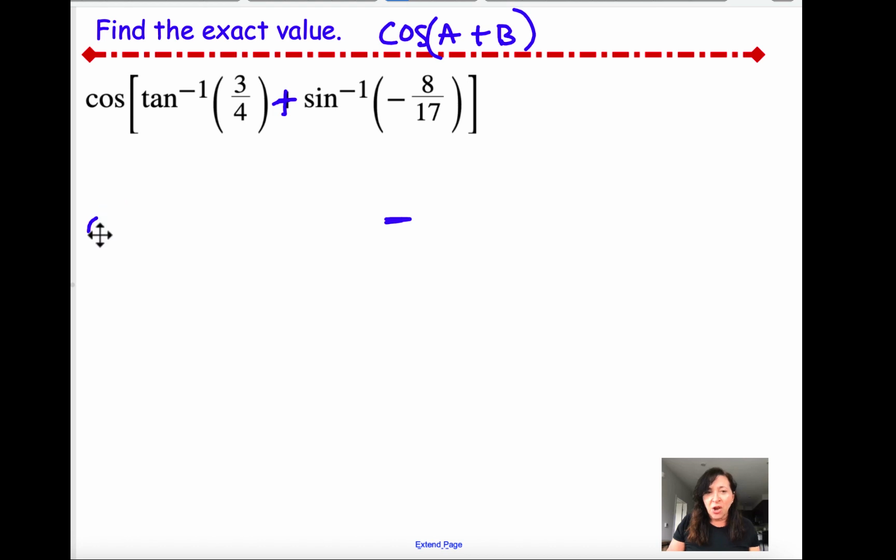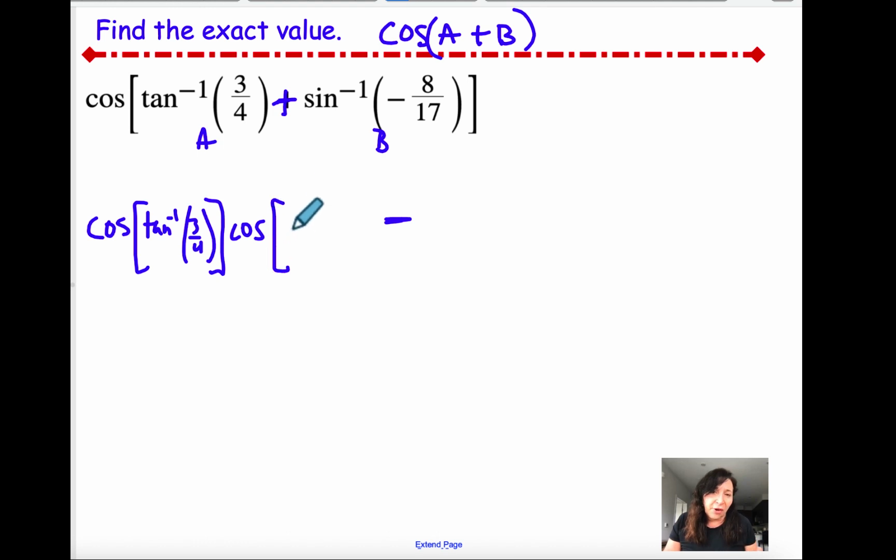You're going to say cosine of A. This is A. This is A. This is B, okay? So cosine of A, which is arctangent of 3/4, okay? And then cosine of B, which is arcsine of negative 8 over 17, okay? And then of course, it goes sine, sine.